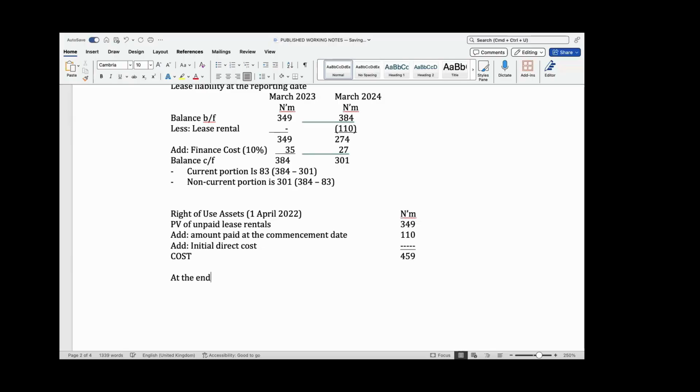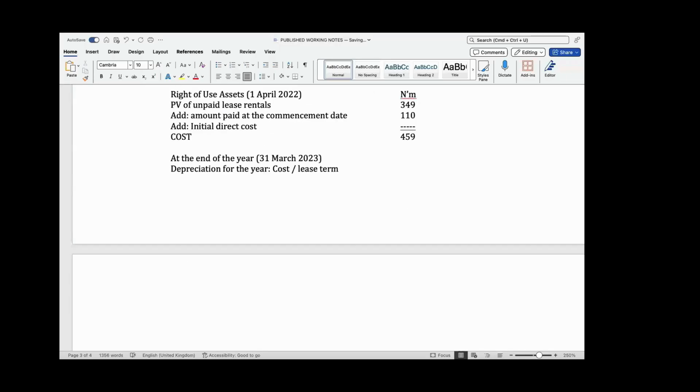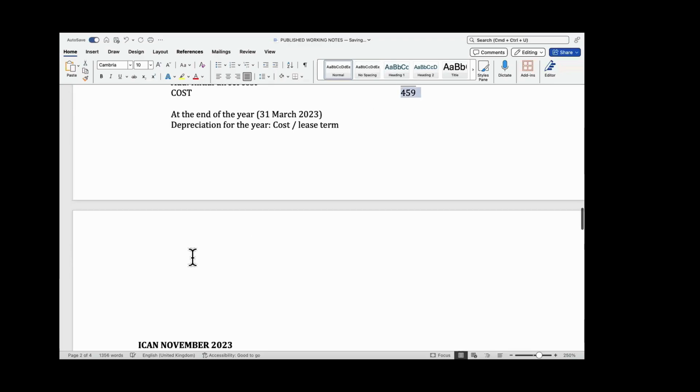And at the end of the year, which is 31st March 2023, we'll calculate our depreciation for the year, which is the cost of the asset divided by the lease term. In this case, the cost of the asset is this 459. So we have 459 divided by the lease term, which is 5 years.